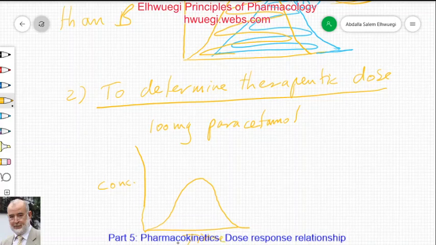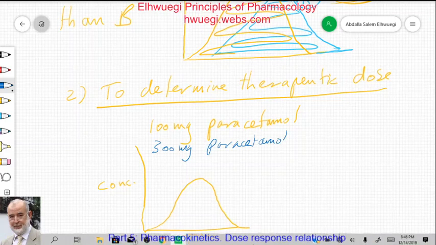Suppose I increase the dose up to 300 milligram paracetamol. What do you think will happen? Of course, 300 milligram will produce a larger area under the curve.